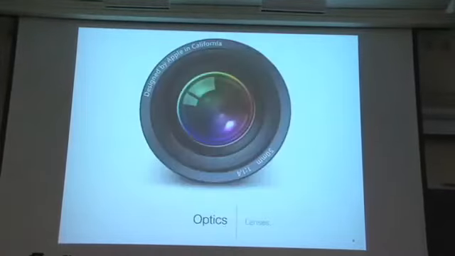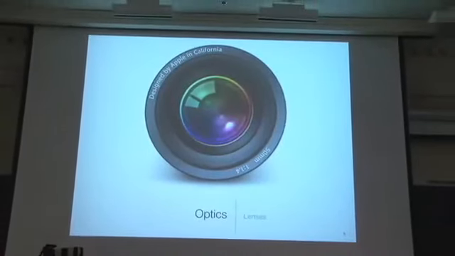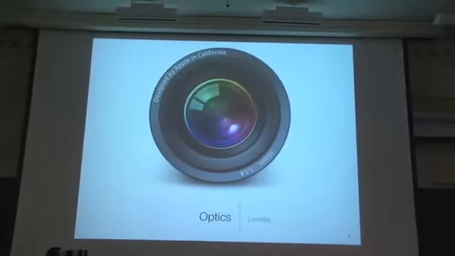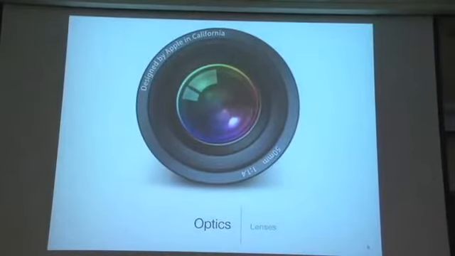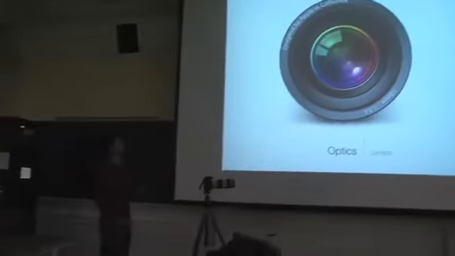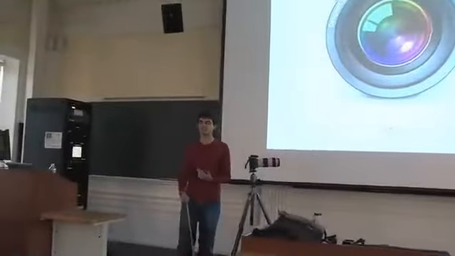So we move on from exposure onto talking about optics and lenses and some of the stuff that happens behind the scenes, so to speak, on your camera. And what's interesting about this stuff is that the technology doesn't really change all that much.